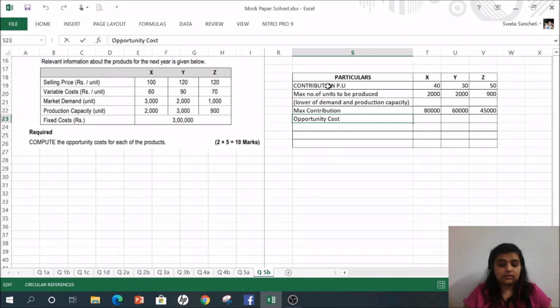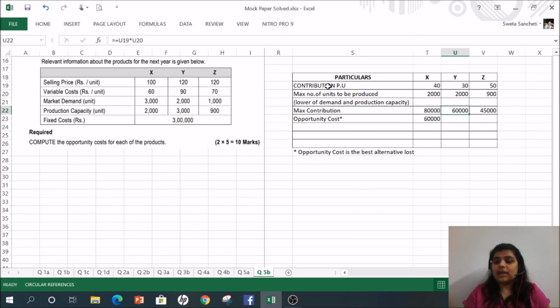Opportunity cost is the maximum or the best alternative lost, right? So if I produce this 80,000, which is the best alternative? 60,000. So here my opportunity loss is 60,000.